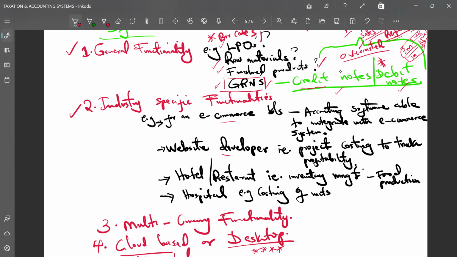You are doing website development projects. You've disintegrated your projects into different stages. You are doing your costing according to the project stages of delivery, given how you do your staging of the development process.